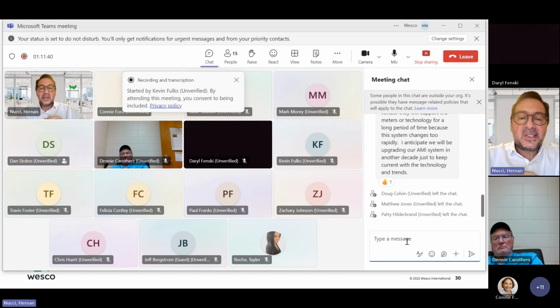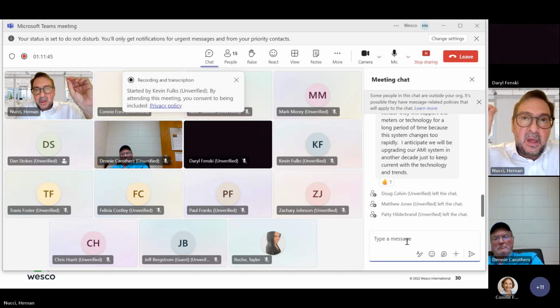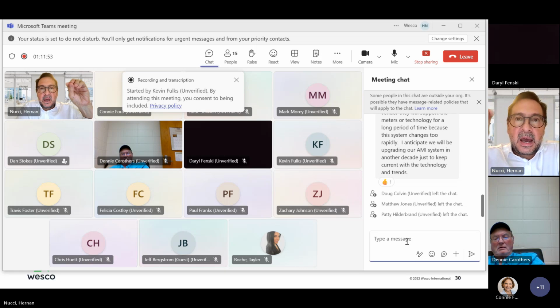The trend is to try to make upgrades to the new generation meter as easy as possible. But it depends where you're starting.